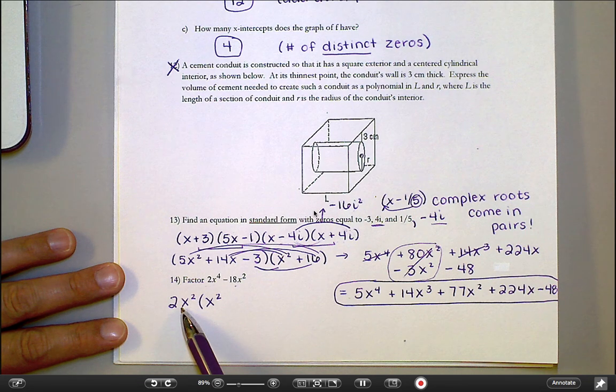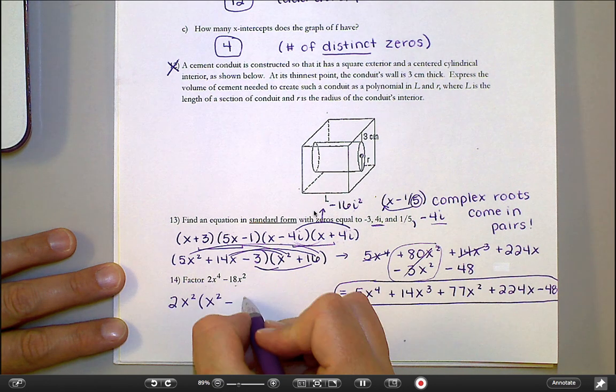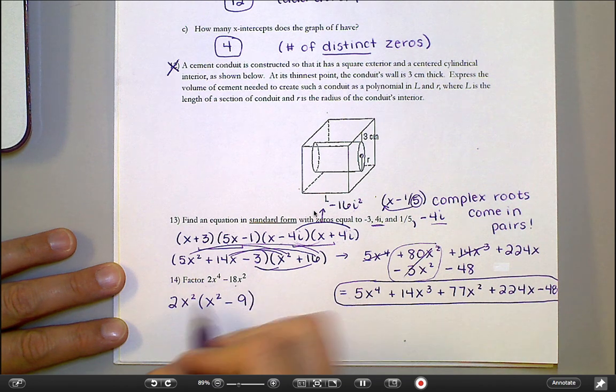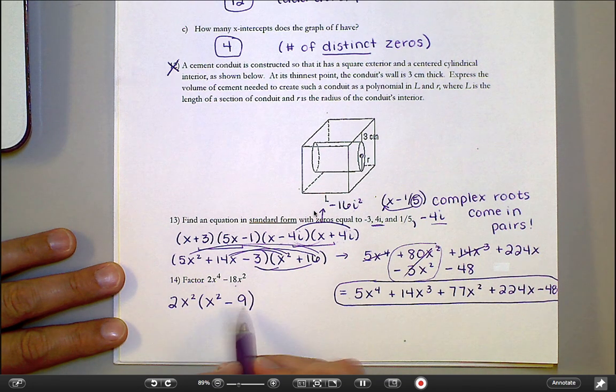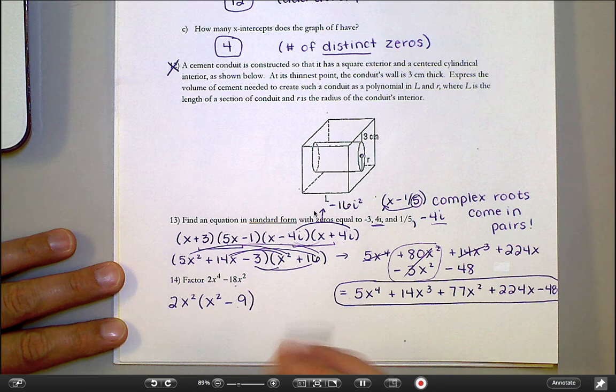So what I'm really saying here, sorry guys, x squared times x squared is x to the 4th, and then there's your 2, minus, and then 2 times 9, because 2x squared times negative 9 would give me negative 18x squared. Okay? So I pulled out my GCF.